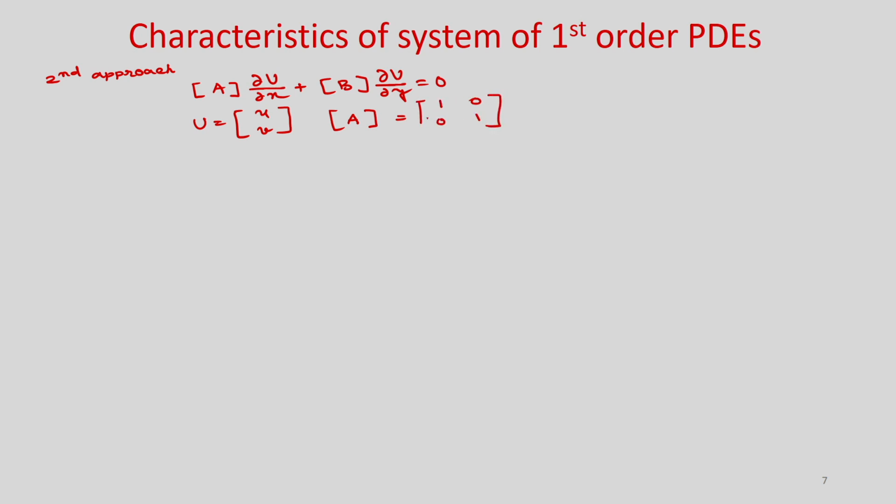You put A here, and you get the set of equations we have written: del u by del x plus del v by del y is 0, and del v by del x minus del u by del y. So, from here you find the matrices A and B. B will be 0 1 and minus 1 0.